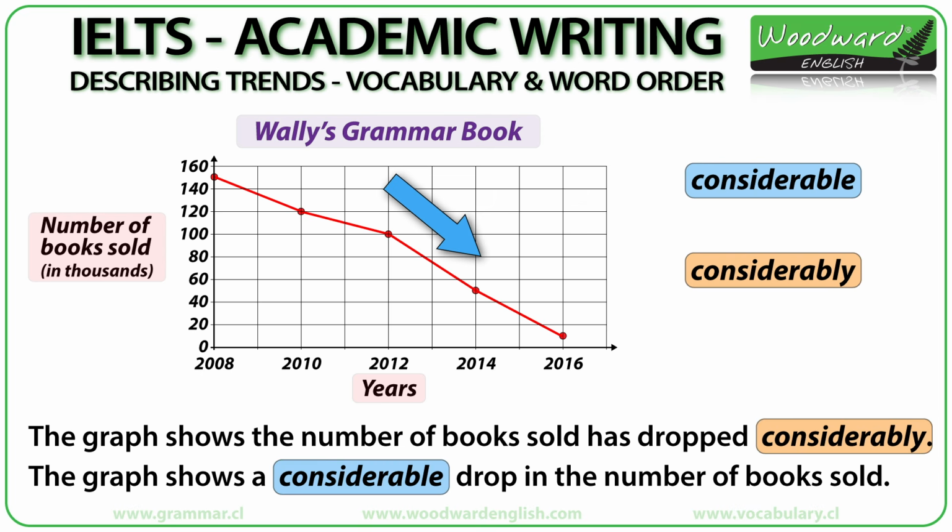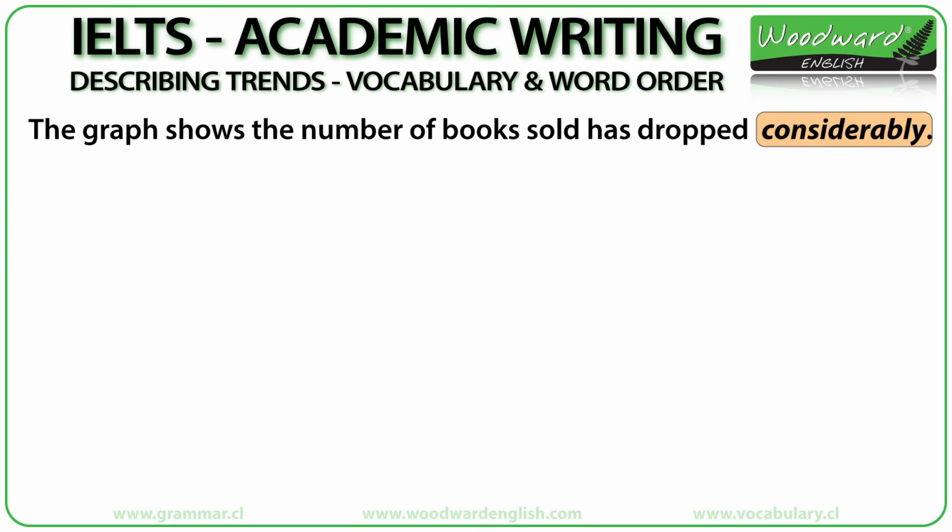The number of books sold has dropped considerably. The graph shows a considerable drop in the number of books sold. Why did we put considerably in the first sentence and considerable in the second one? Why did we put them in that position in each sentence?